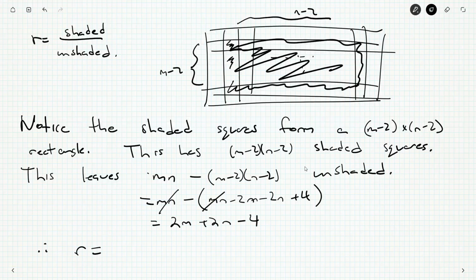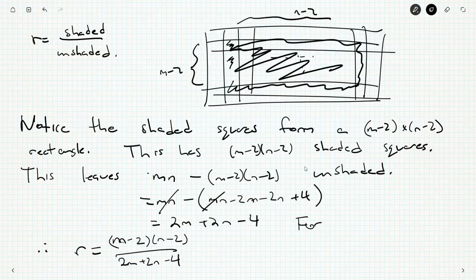So not only can we answer the question, but now if anyone gives us the m and n, we can answer the question. It'll be R is m minus 2, n minus 2 over 2m plus 2n minus 4.